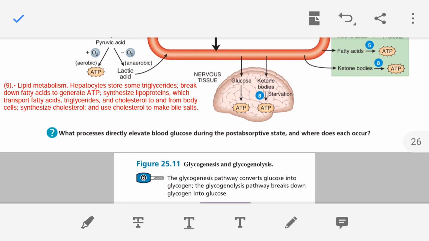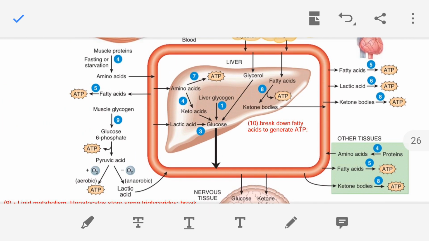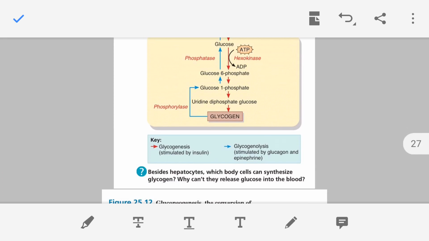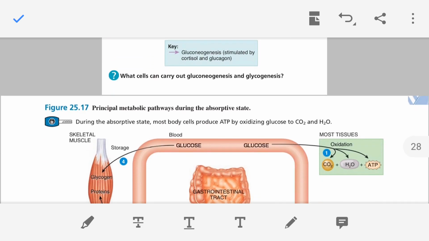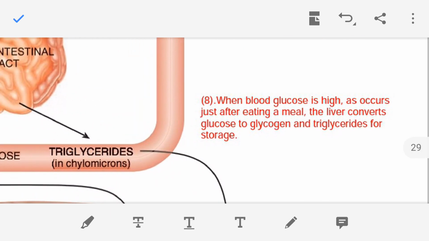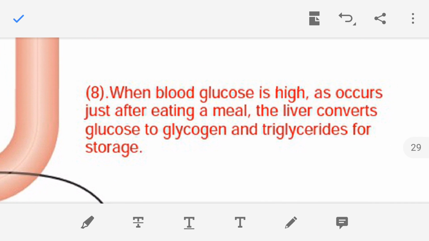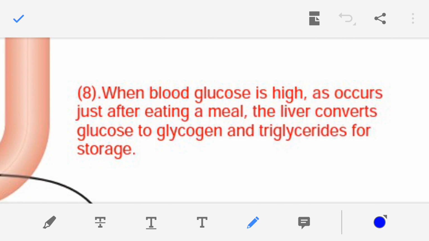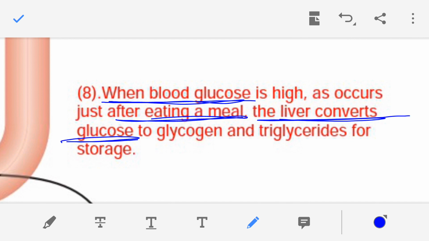So now we are moving on to the eighth point of our discussion. See, when the blood glucose is very high, for example after eating a meal, the liver converts the extra glucose into glycogen.